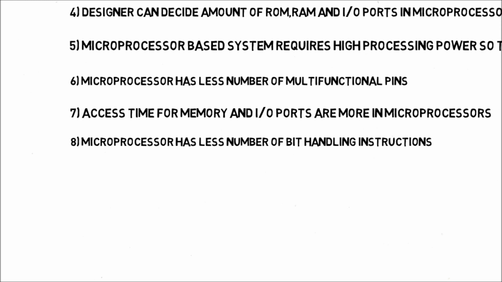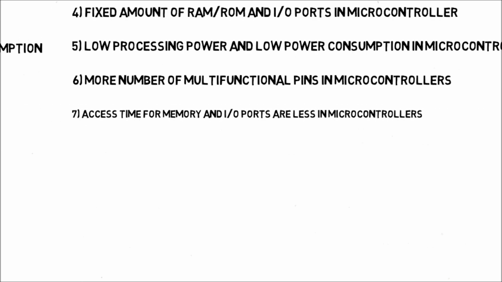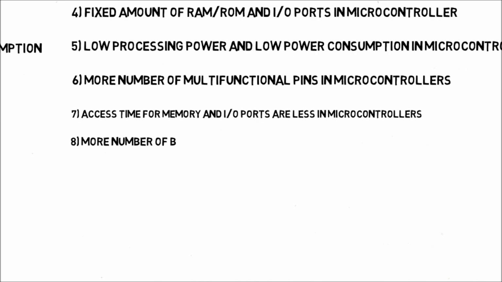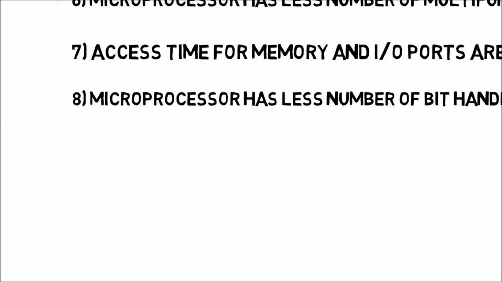But in certain cases, you need to handle bits. Whereas in a microcontroller, you'll have more bit handling instructions. For example, to clear a carry flag, or clear a parity flag, or set a bit, or set the carry flag or parity flag. These types of instructions are there in microcontrollers.